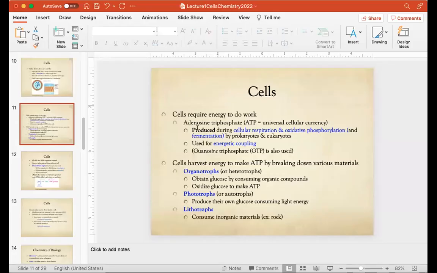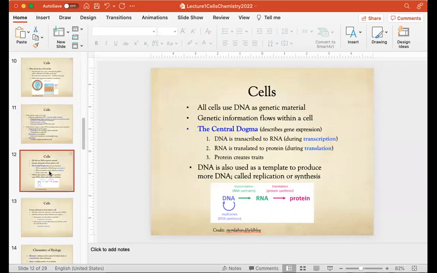We're going to talk about all the gory details of cellular respiration and fermentation a little bit later in the semester. The other characteristic of living cells is that they use DNA as their genetic material. So it doesn't matter what kind of cell you're talking about.